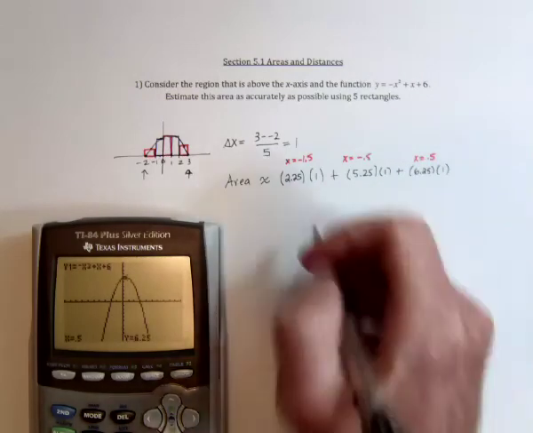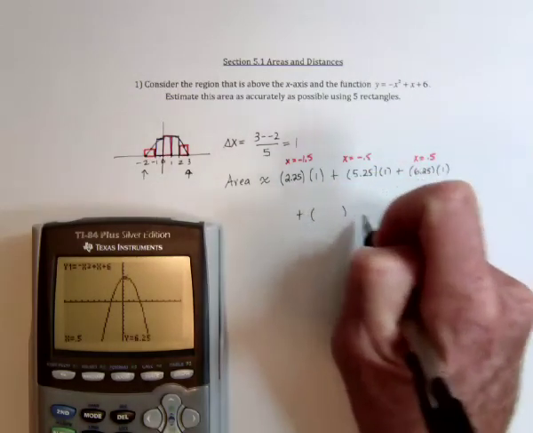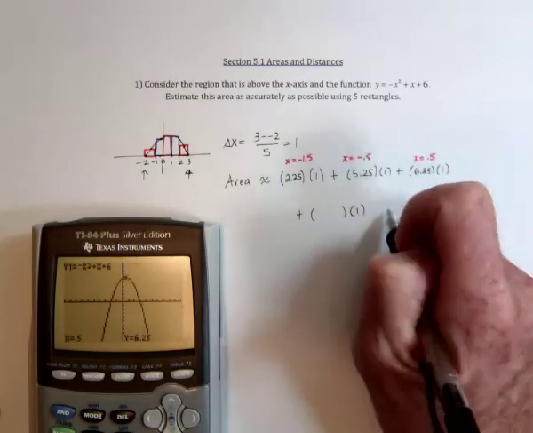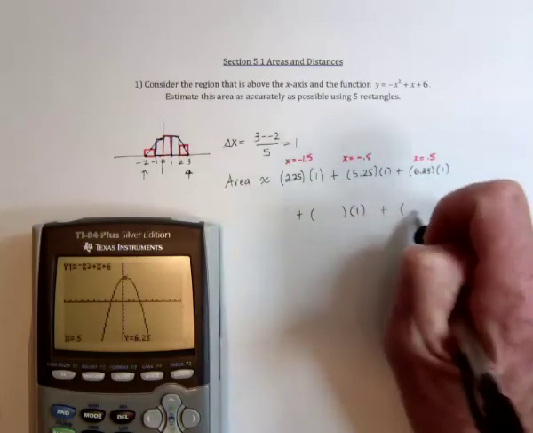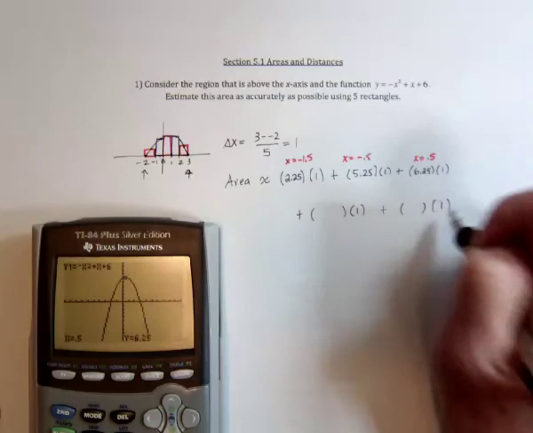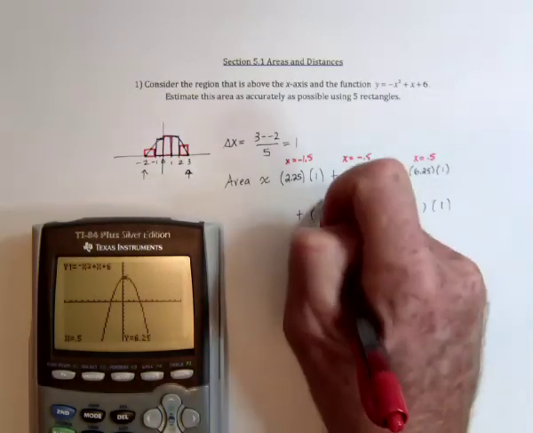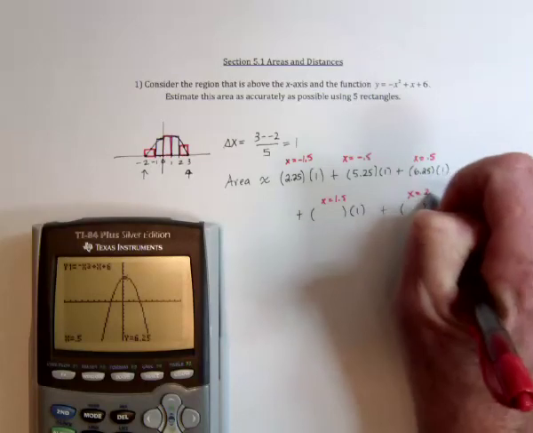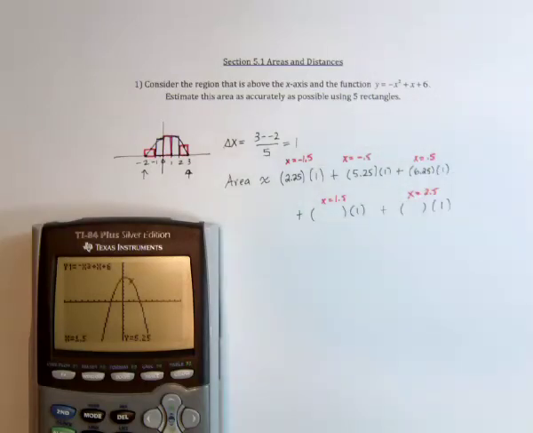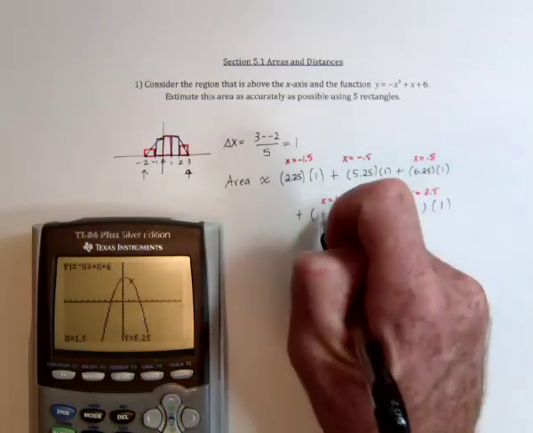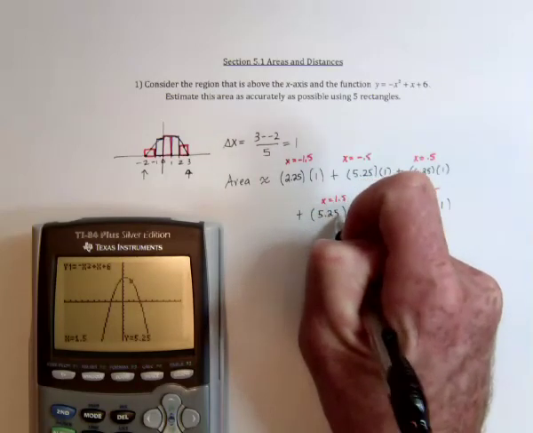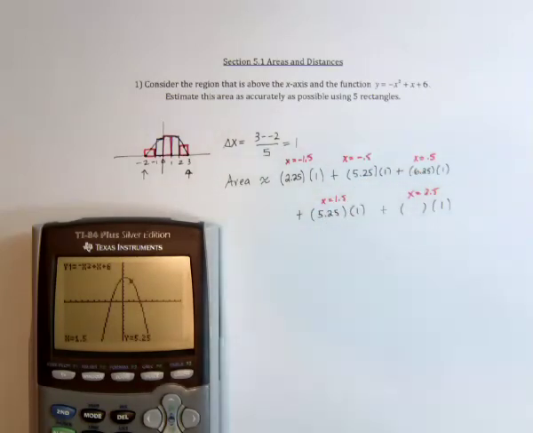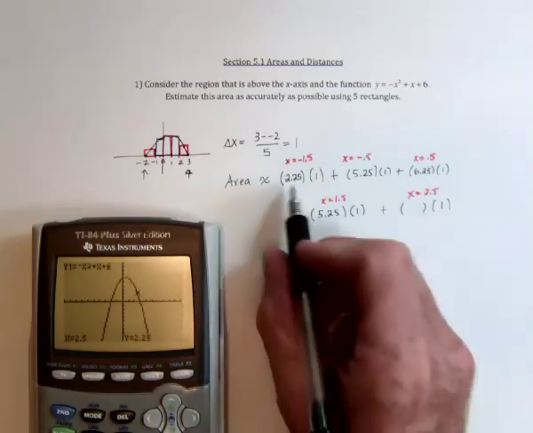And then I'll continue down here. Plus when x equals 1.5, and lastly when x equals 2.5. So with 1.5, it's 5.25. And I'll bet you the next one's 2.25. Yes, because it's symmetric.